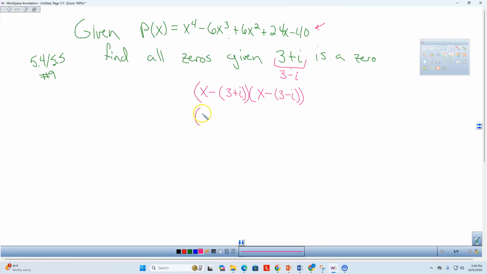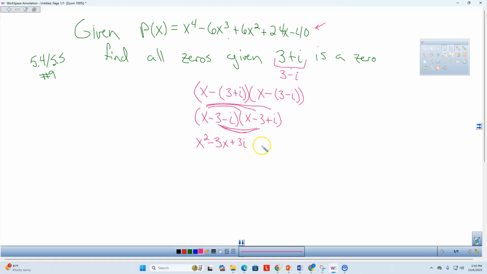I think it will. Distribute that negative through to both. FOIL. So I get x squared minus 3x plus 3i.